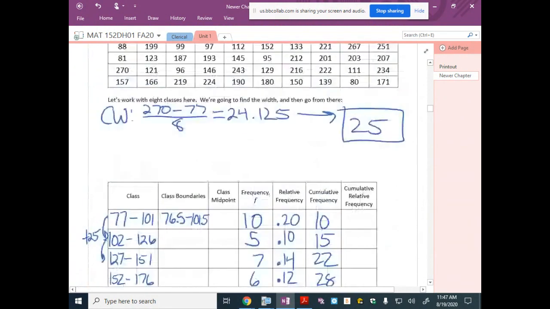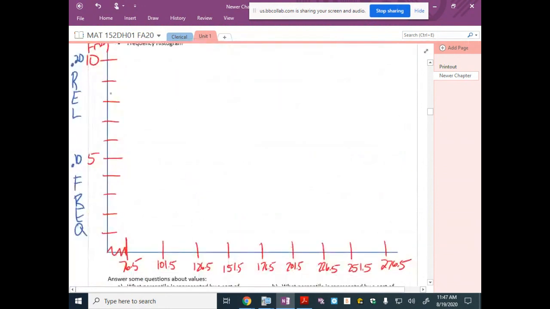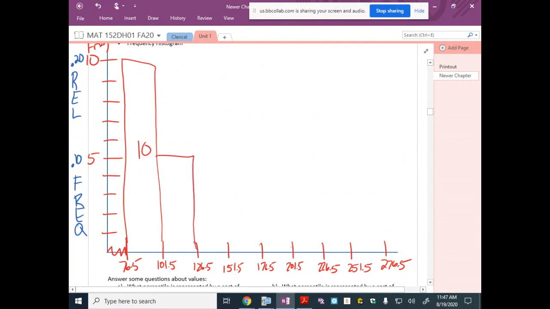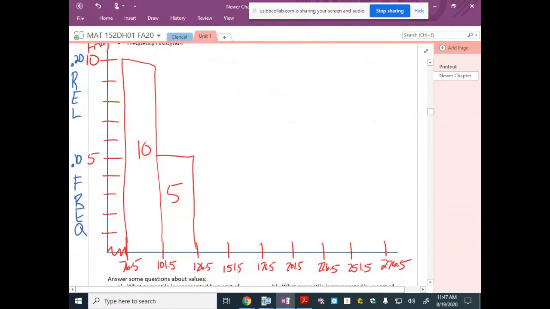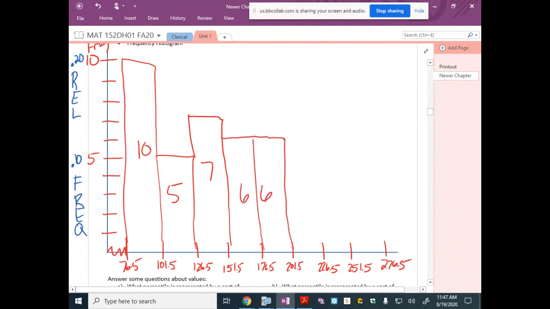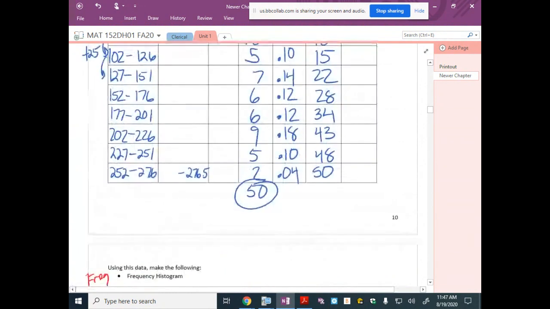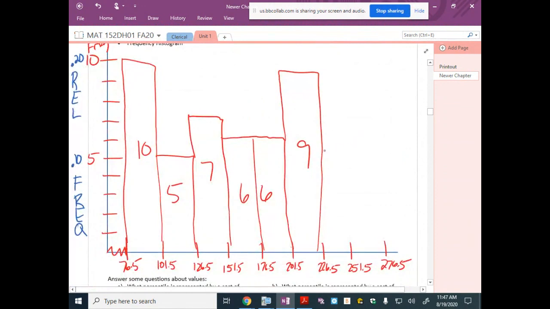So yes, 10, 5, 7, 6, 6, 9, five and two.